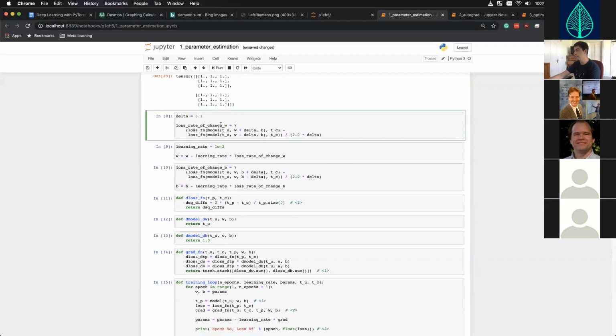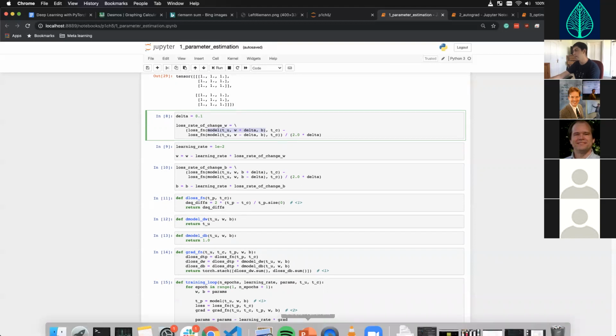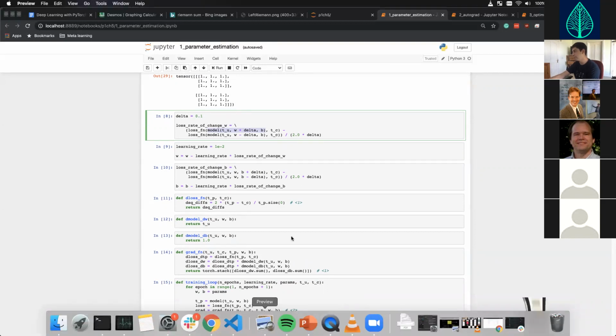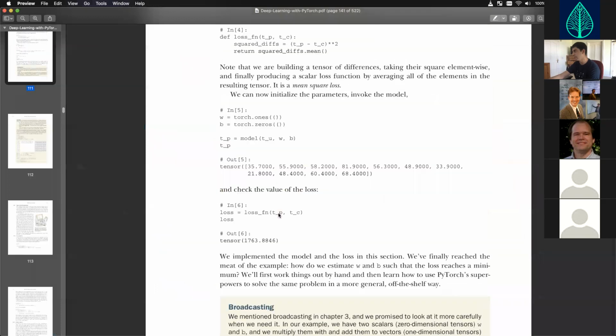So this is looking at the approximation step again. We've got our predictions. We're generating our predictions given that we slightly change the weight values, and then we see how that differs with the loss. So they have this equation in the book somewhere. Hopefully I can find it.